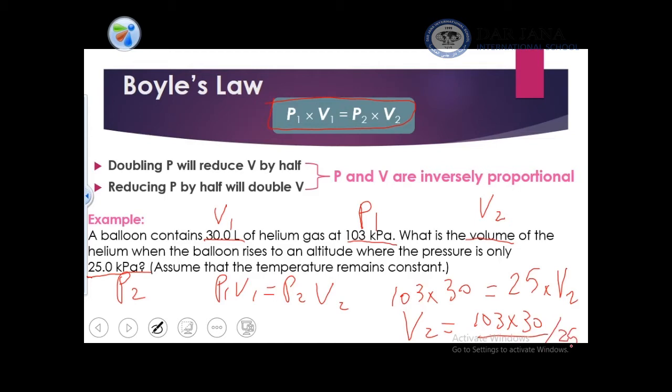So the result will be 123.6 liters. So this is the answer of this question.